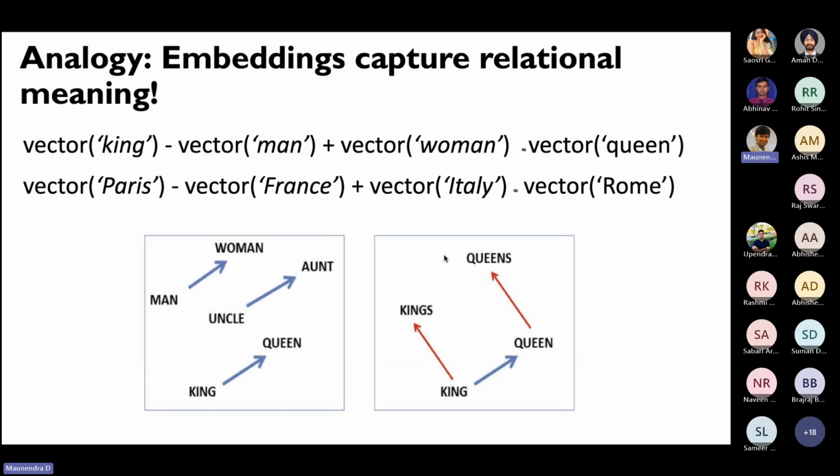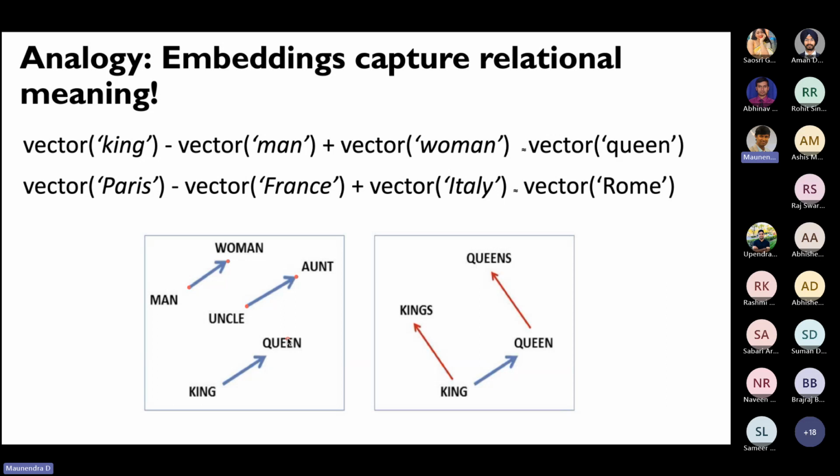So one was word analogy. Suppose we look at the vectors that we have for man, woman, uncle, aunt, king, queen. They saw that the translation that you need to apply to the vector for man to reach the vector for woman, the same translation you can apply to the vector of uncle to reach the vector of aunt, and so on.